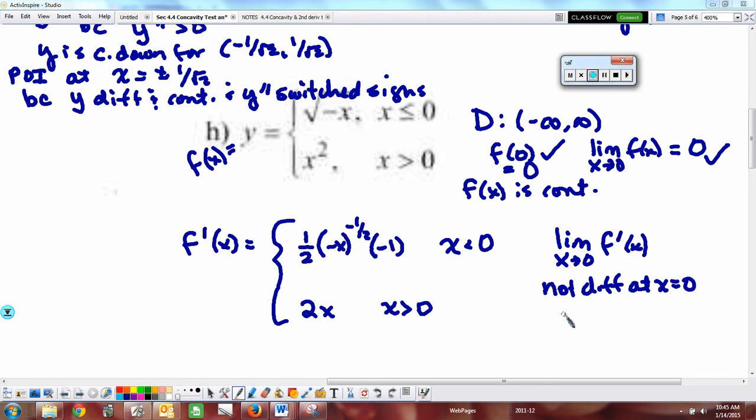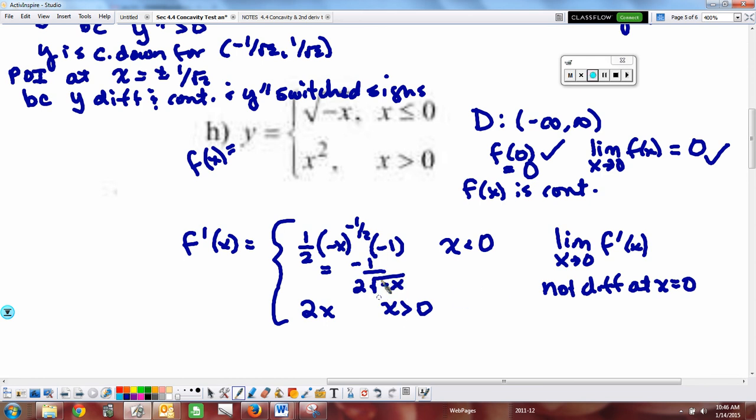Now we might ask ourselves, what's happening at x equal to 0? Because the limit of the derivative on this side was 0, but the limit of the derivative on this side, and I'm going to go ahead and just simplify this, this actually ends up being negative 1 over 2 square root of negative x.